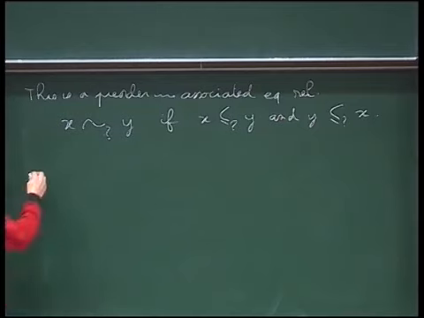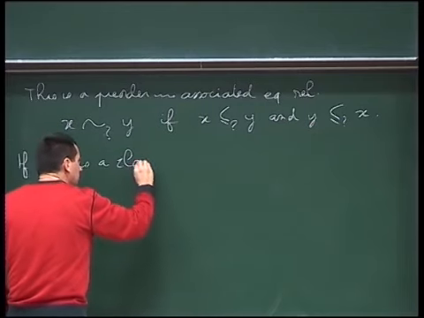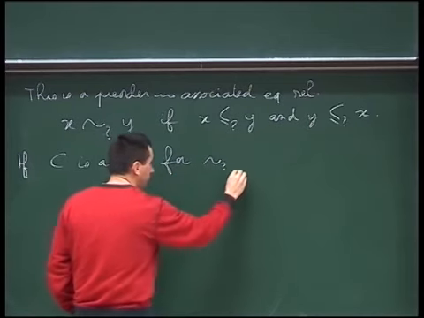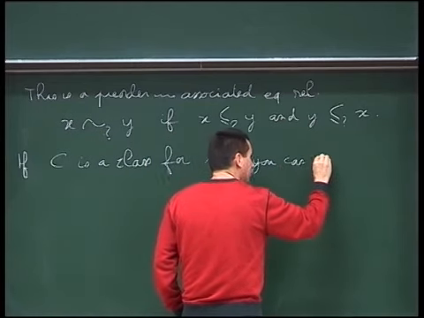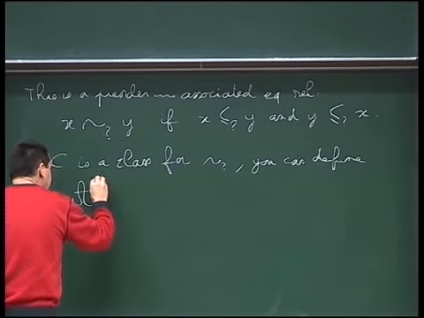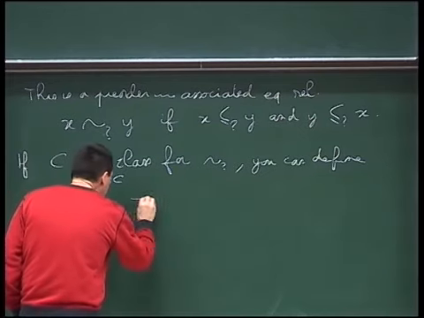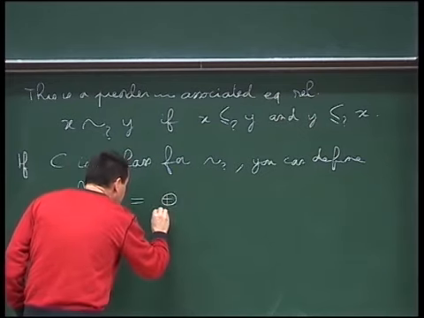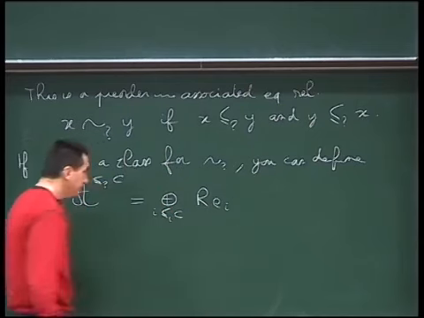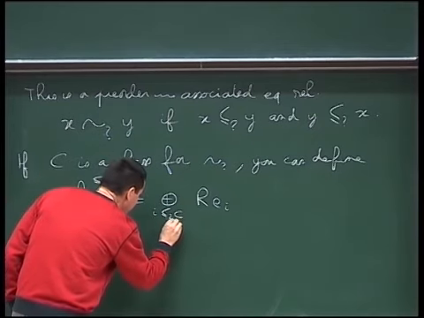For instance, if C is an equivalence class for this relation, you can define A_{\leq C} to be the free R-module generated by all the elements e_I such that I is less than or equal to C.